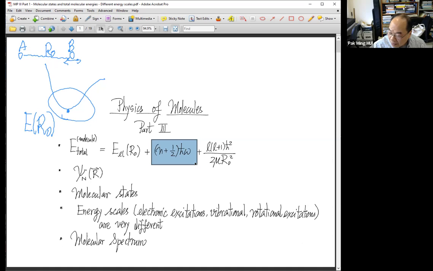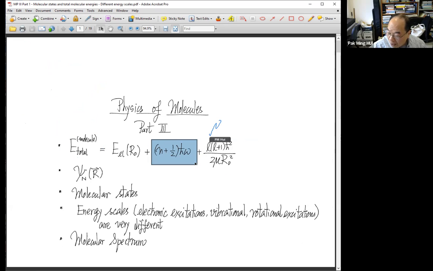It will give us rotational energy levels. If we add all this together, that will be the total energy allowed for a molecule. So it has the minimum energy here, and depending on which rotational level it is in and which vibrational level it is in, it has a certain energy.